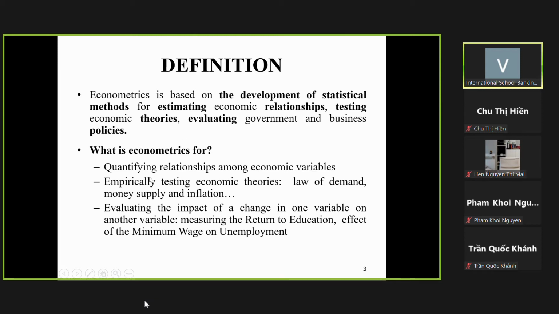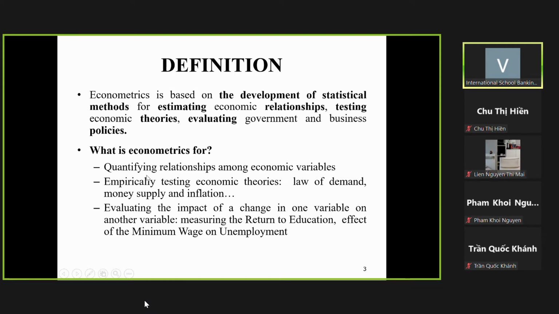And here is the aim or the purpose of the subject. It is more or less the expected outcomes of the subject we talked about last time, right? We use an econometrics model in the case we want to quantify the relationship among economic variables.